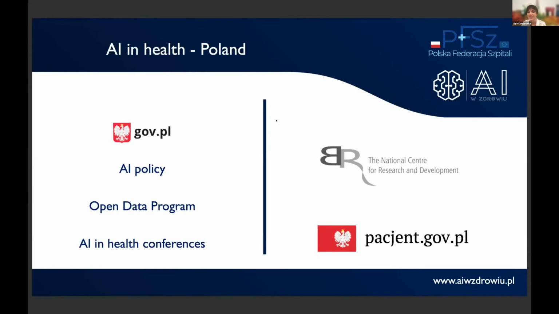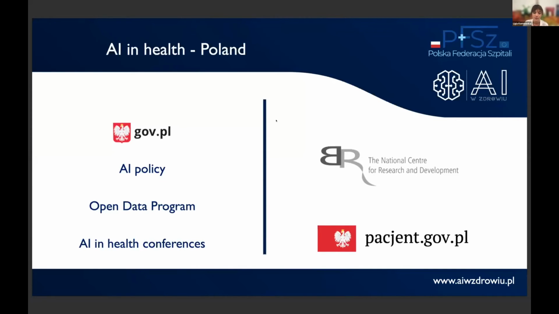And what's more important, our national entities, like, for example, the National Center for Research and Development, create a lot of grants and funding for solutions that use AI in the healthcare system. Even our official website for patients under the Ministry of Health used AI algorithms for telling a patient if it is possible that he or she has COVID or not, and it was officially implemented like 1.5 years ago.